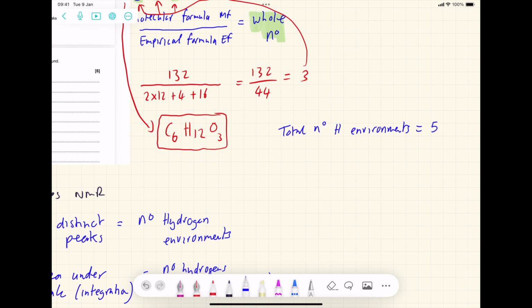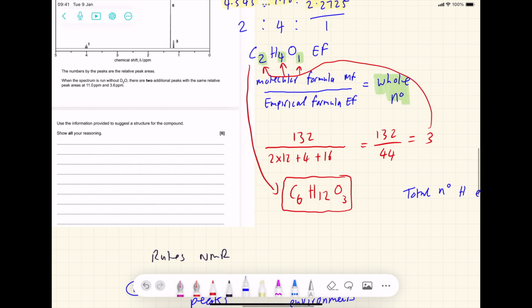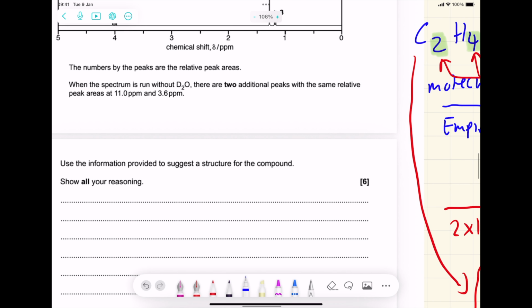There's only 3 remaining. And the environment with the chemical shift of 11, this is where we turn to the datasheet. By the way, just before we go any further, if you want to use the exact numbers from the datasheet for NMR I am using, it is attached in the description below.